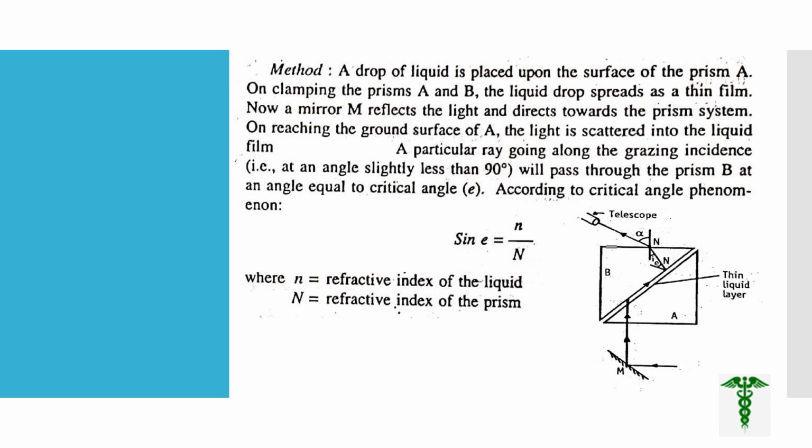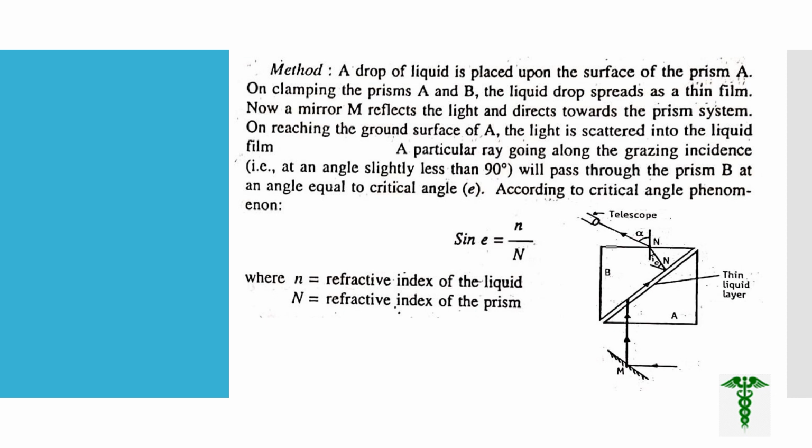But at that time we have to consider one more thing: a particular ray going along a particular angle, less than 90 degrees when it passes through the prism. We call this by another term, the critical angle.